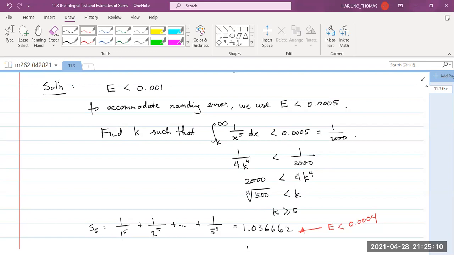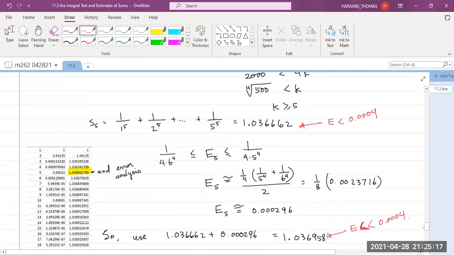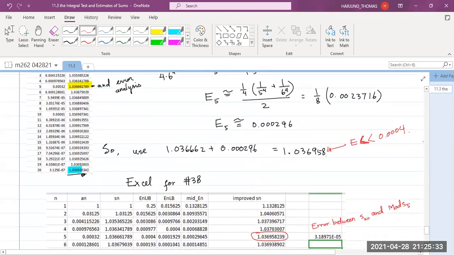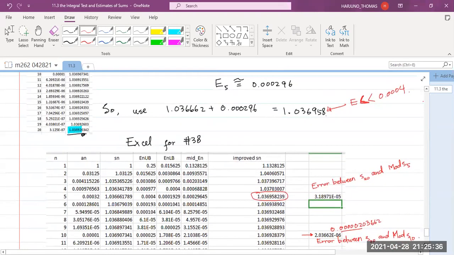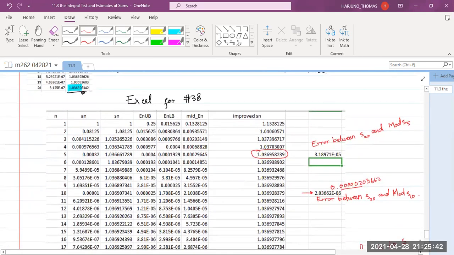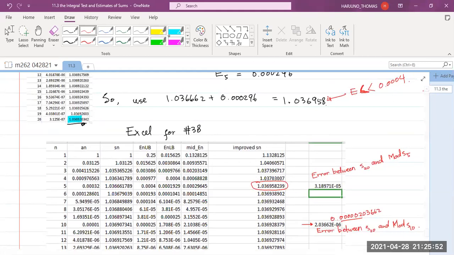But if you modify that, you are actually accurate to a lot more than that, to 4 decimal places. That's how good our modification is. This is much, much less than.